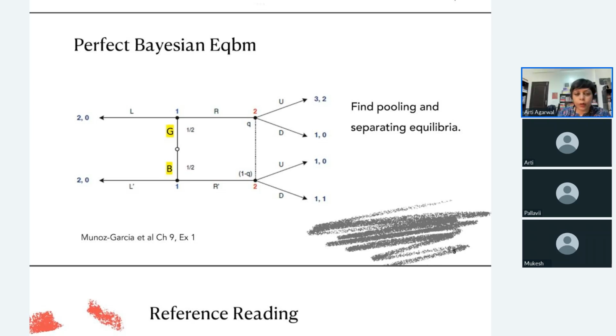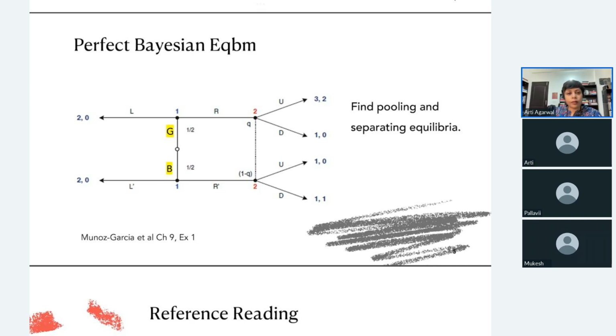This is a diagram from the book, but the types assigned to player 1 are mentioned as something else, which is a bit confusing. So I've just mentioned it as G or B, which you can think of as girl or boy, or good or bad, or whatever you want to think of it as. So this is the game in which first nature acts and assigns a type to player 1, G or B.